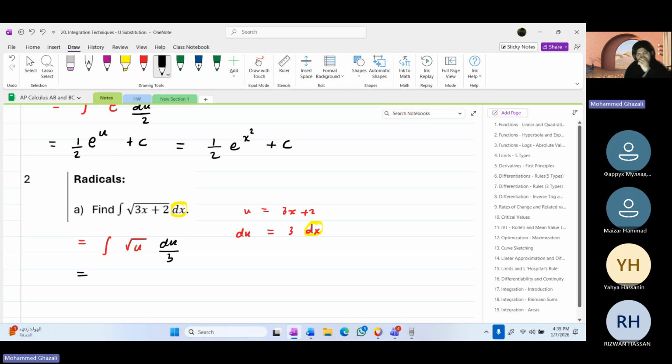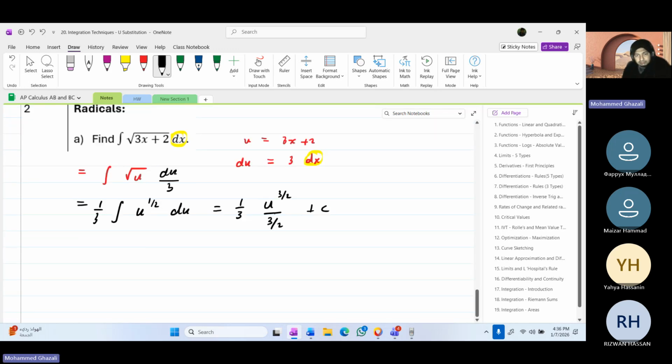Now we can't integrate just like this. We need to convert this into power form. Take this 1 over 3 out, u to the power half du. So we have 1 over 3, u to the power 3 over 2 divided by 3 over 2 plus c. What is u? 3x plus 2, right? So you've got 1/3 here and 2 over 3.